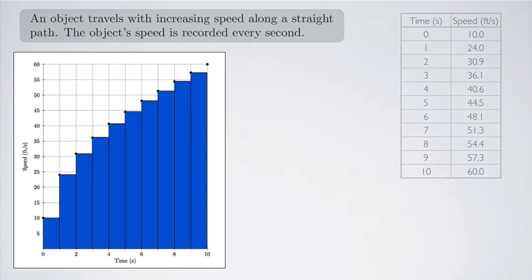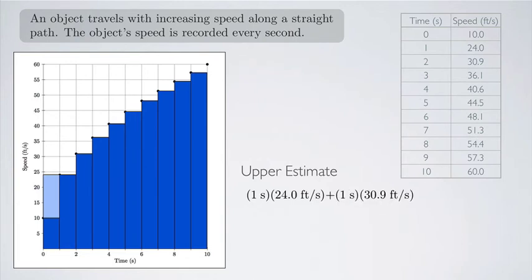For the upper estimate, in the first 1 second, I'm going to assume that the object traveled at 24 feet per second, and that's the same thing as the area of that first rectangle plus this extra little bit added on. And again, I'll go through the rest of these quickly. Next, we have 30.9 feet per second.